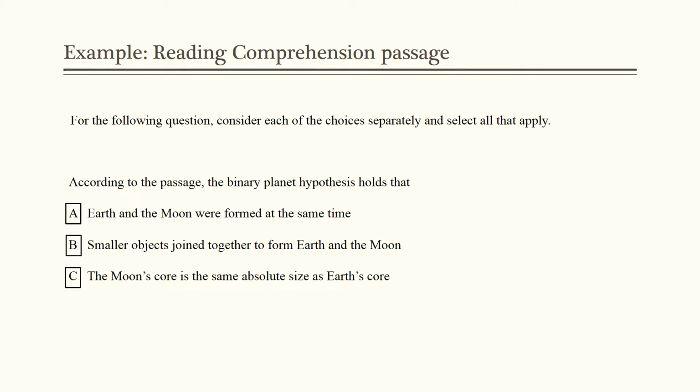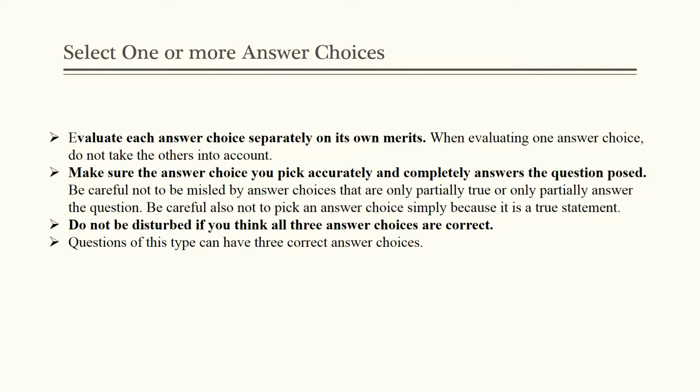How do we approach answering this type of question? Let's look at some tips. For select one or more answer choices, evaluate each answer choice separately on its own merit. When evaluating one choice, do not take the others into account. Make sure the answer choice that you pick completely and accurately answers the question asked.